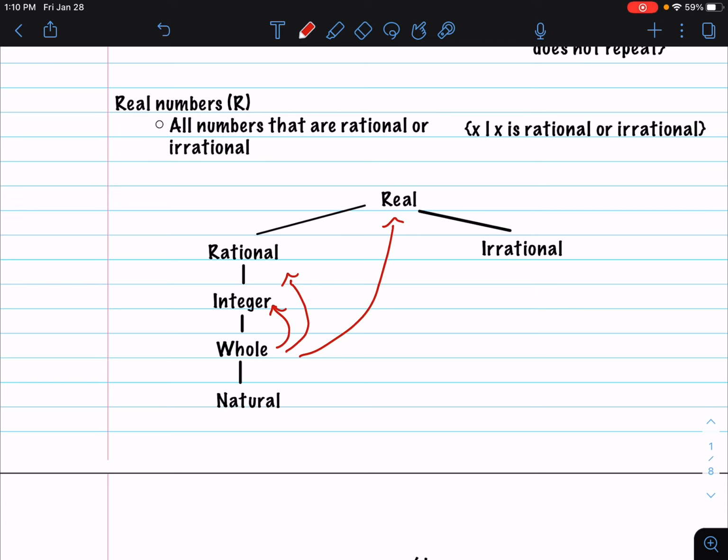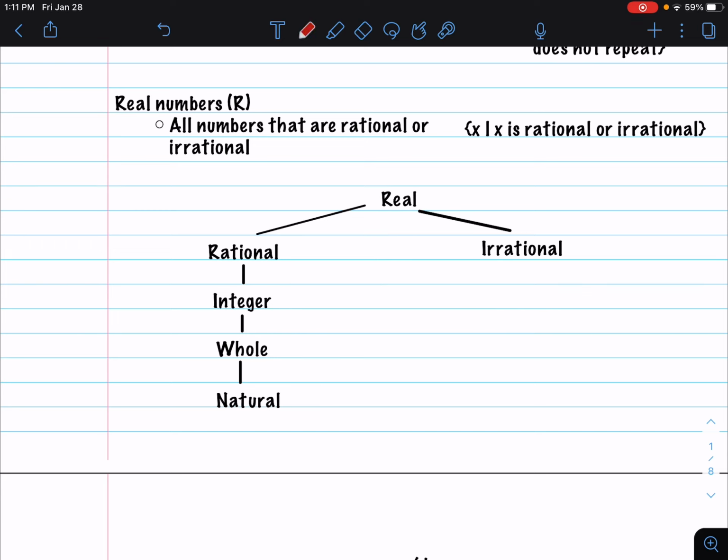But not all whole numbers are natural numbers, because remember, the whole numbers are all natural numbers, including 0. These are whole numbers. All whole numbers except for 0 are natural. 0 is not included in the set of natural numbers.